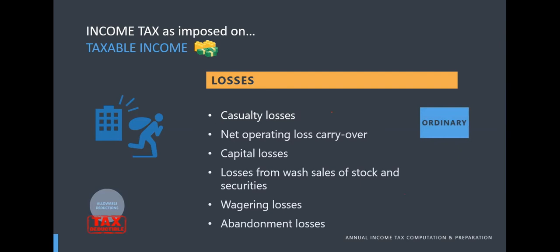Casualty losses and net operating loss carryover are related to the ordinary expenses of the taxpayer, while capital losses, from the word itself, are capital related, and losses from wash sales, wagering losses, and abandonment losses are special losses as mentioned under the tax code. The focus of my discussion will be on the casualty losses and net operating loss carryover.